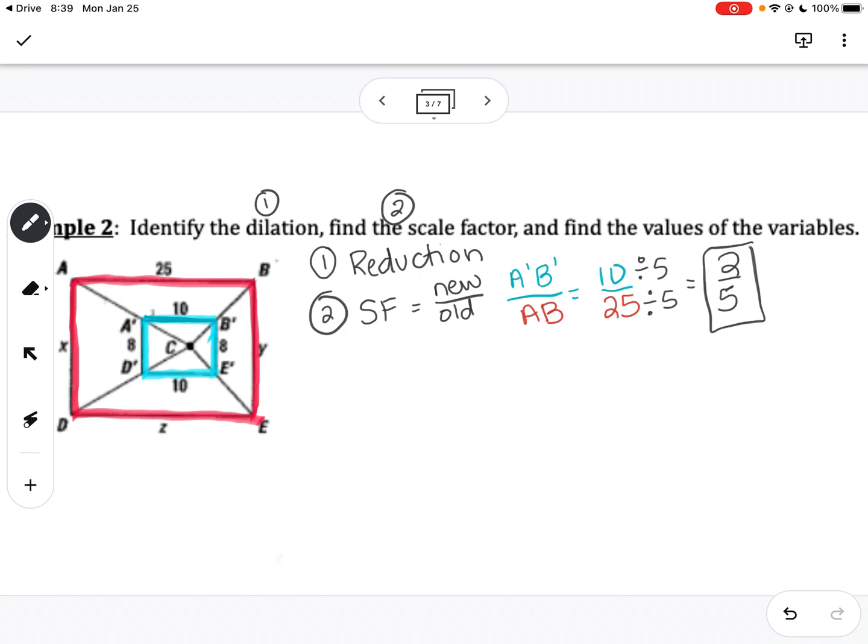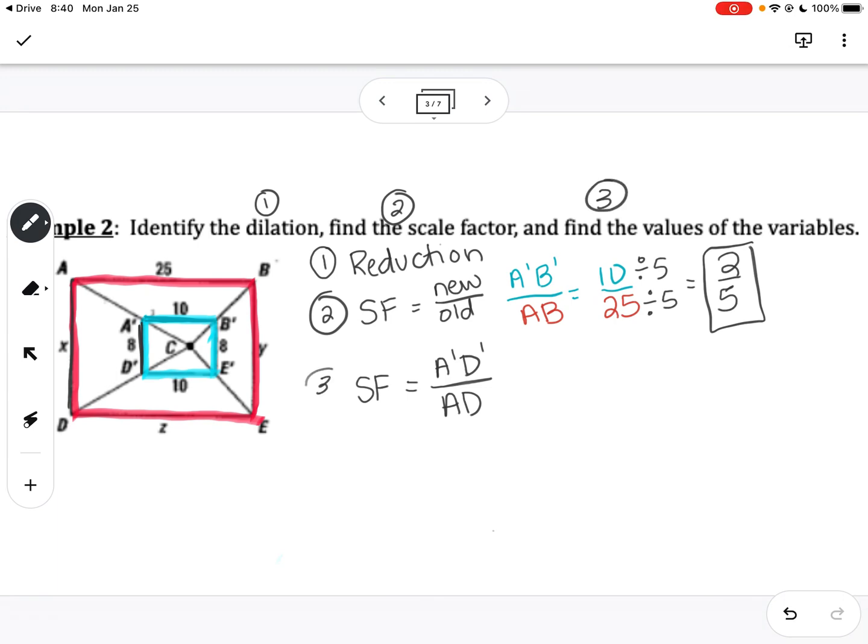So I can use this ratio to help me figure out these variables. Any set of sides should go by this scale factor. Going new to old, my scale factor is 2/5, and it is going to equal any ratio of sides. If I'm looking next at side AD and A prime D prime, the new is A prime D prime, and the old is AD.